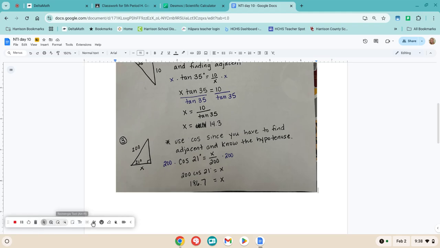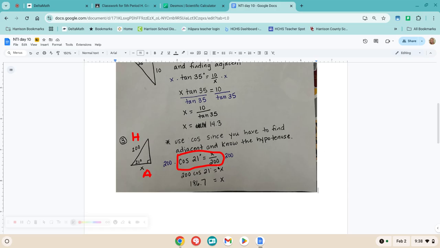This time this is our adjacent side, and this is our hypotenuse. So if we're using adjacent and hypotenuse, that's cosine. So cosine of 21 equals x over 200.